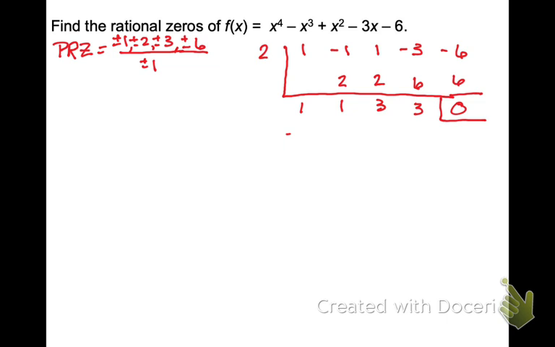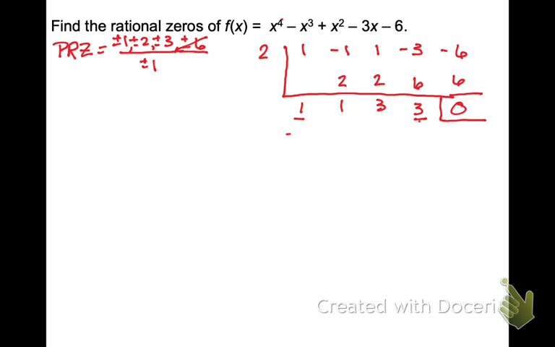I started with a 4th degree. Now I'm at a 3rd degree. At 3rd degree, we maybe could group, or could we keep going? We could keep going. The same thing applies: constant over leading coefficient. So what factor can I get rid of now? The 6, because the constant's 3.